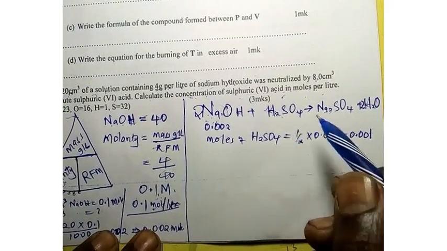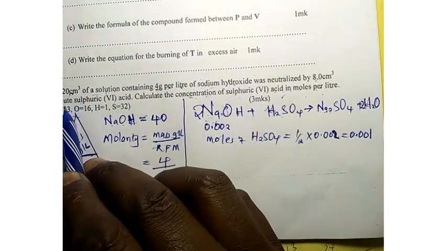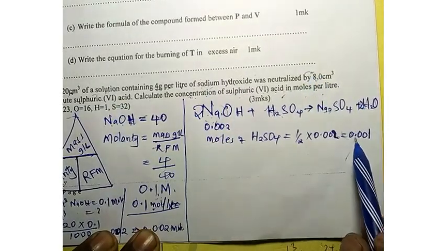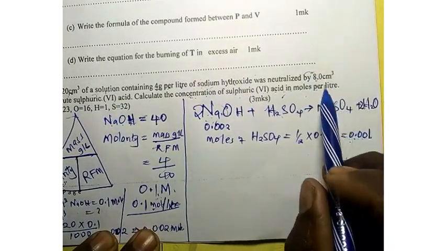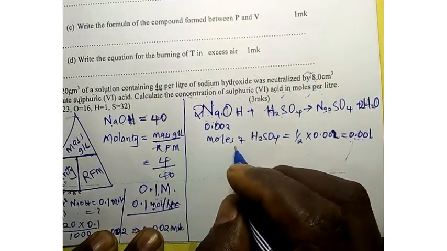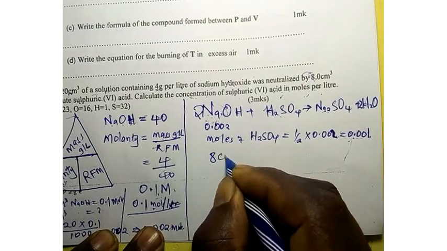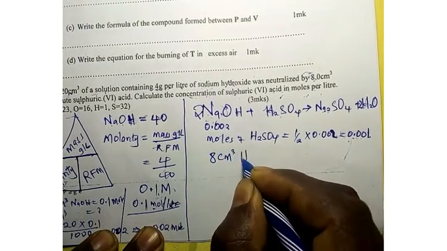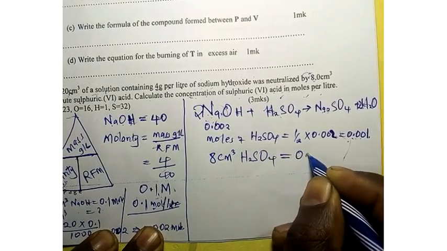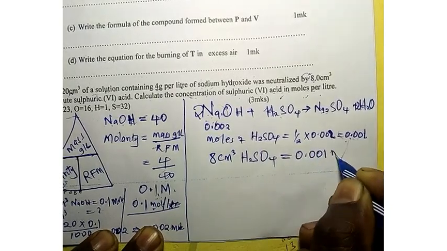But we know the volume of dilute sulfuric acid that was used, 8 centimeters cube. So this number of moles, 0.001, is in this volume. What about 1,000? As simple as that. 8 centimeters cube of sulfuric acid contains 0.001 moles.